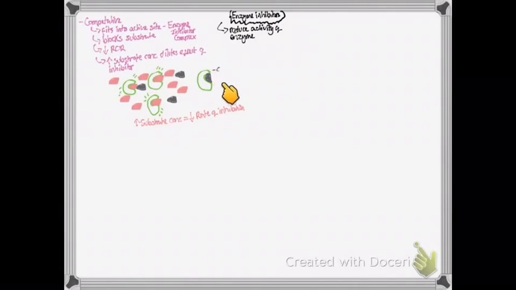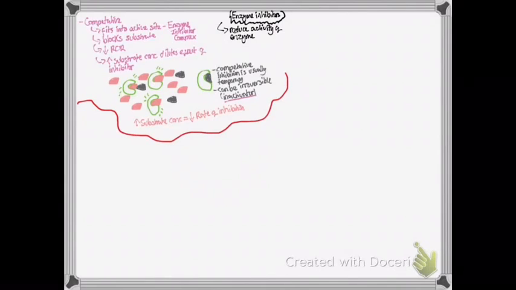This here we call an enzyme inhibitor complex, when the inhibitor forms in the active site. It is a form of competitive inhibition which is usually temporary. However, we can have irreversible competitive inhibition, and we call these inactivators. So anything that binds to the active site and will never be removed is an inactivator.